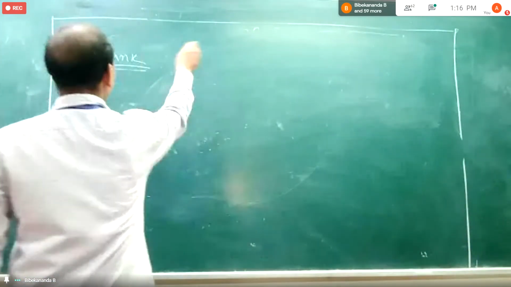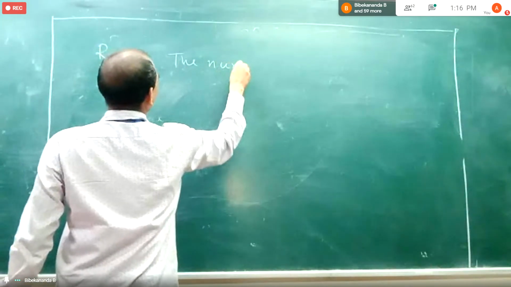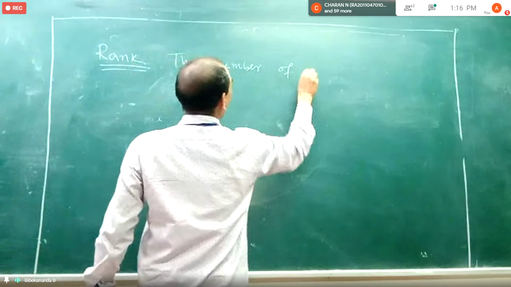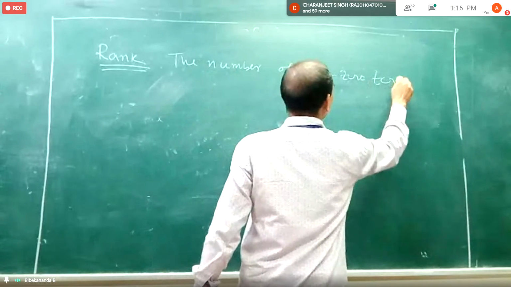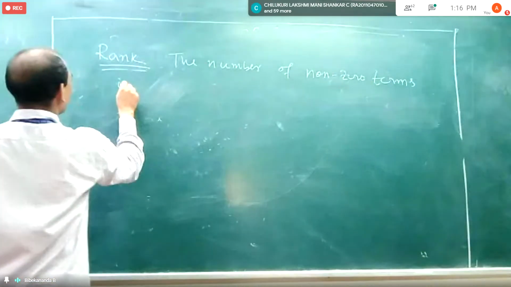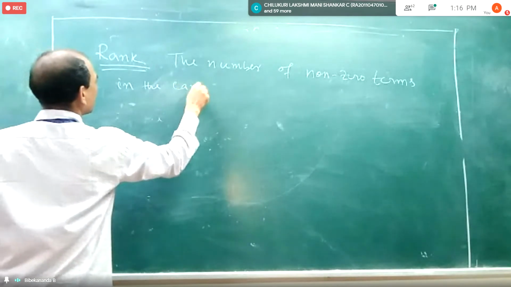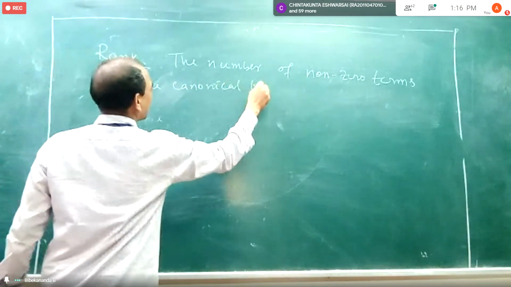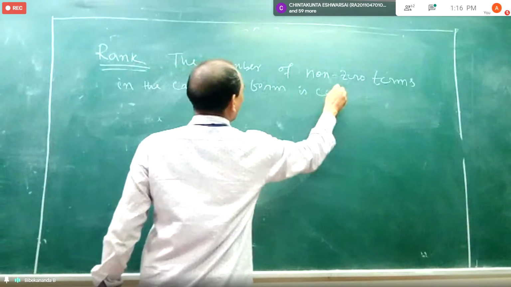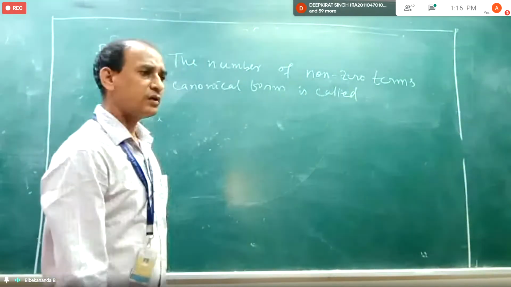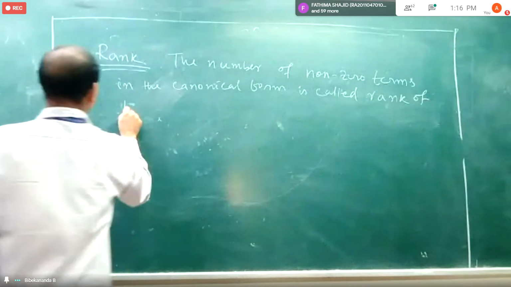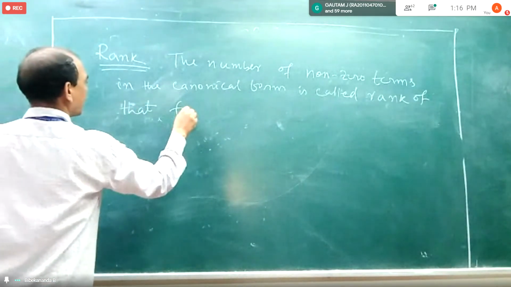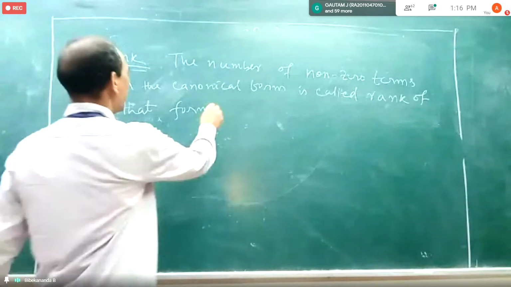The number of non-zero terms in the canonical form is called the rank of that form.